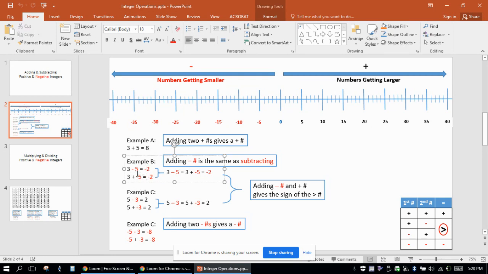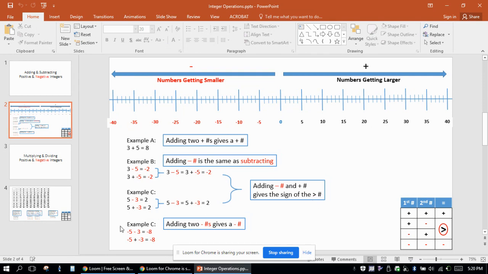In this example, the negative 5, the 5 was bigger, so the final answer will have a negative on it because the 5 had a negative on it. In the second example, the 5 had a positive on it. So once I subtract, I still get 2. 5 minus 3 is still 2, but because the bigger number, 5, was positive, I want it with a positive 2. So that's our rule right here. Adding a negative number and a positive number gives the sign of the greater number. Whichever one started out being a bigger number, that's the final sign you're going to come out with.